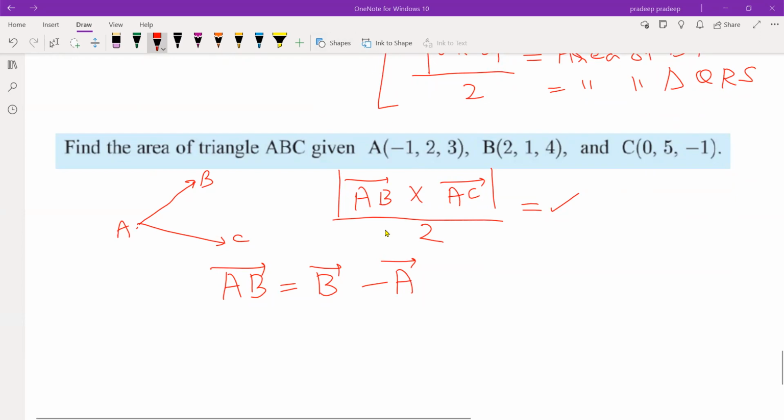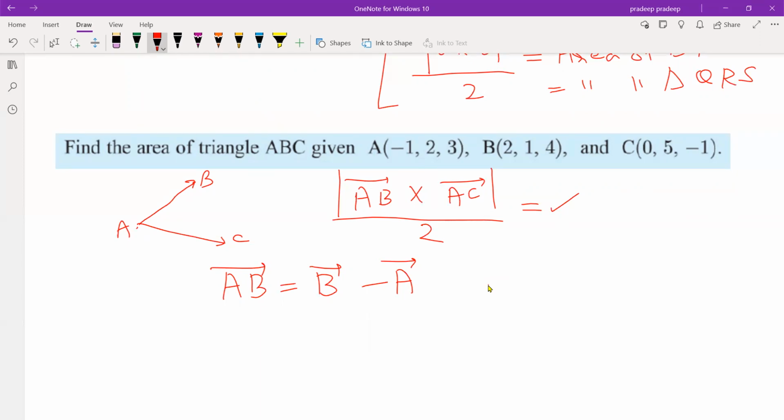Sheldon, can you tell me what is AB in this case? Yes, one second. And Smera, are you done as well? No, sir, I'm still solving it. Okay. Did you get the two vectors, AB and AC?